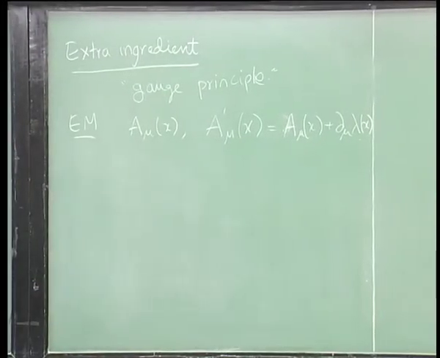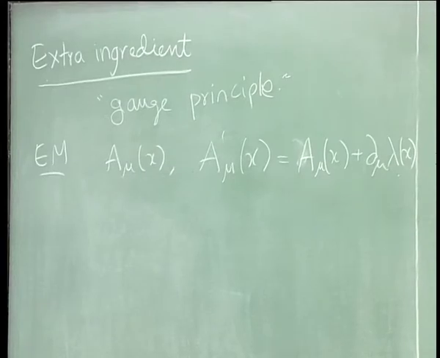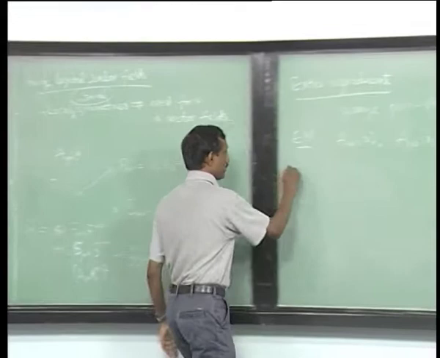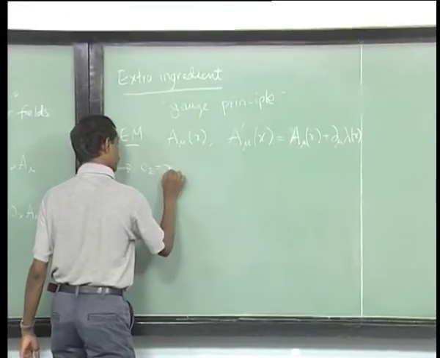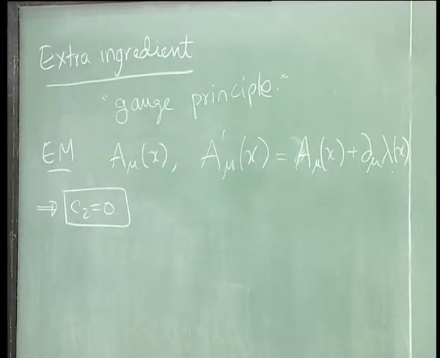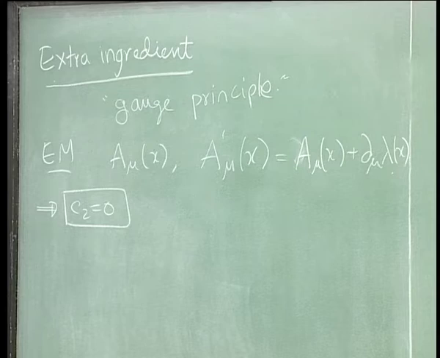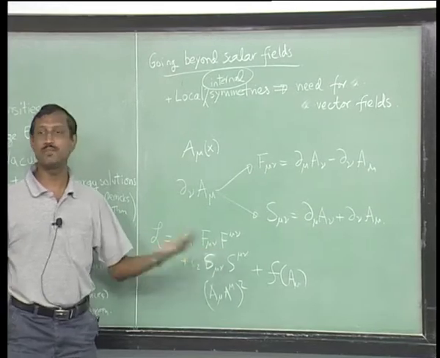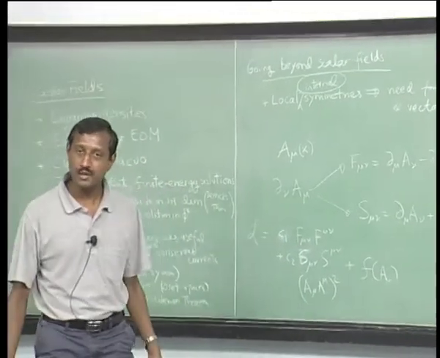What does the gauge principle do? First thing it does, it tells you C2 has to be 0. It implies that C2 should be 0. Okay, and it also says that this function is again obviously not gauge invariant, it is not invariant under local symmetry transformations, or gauge invariance. I will keep using these two interchangeably.